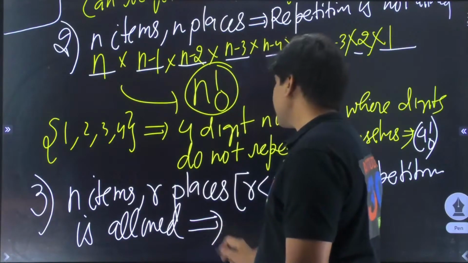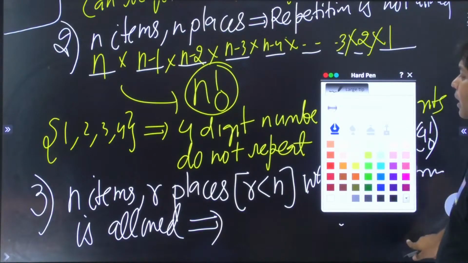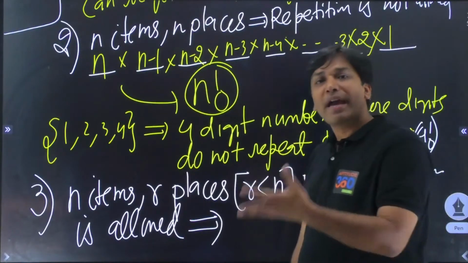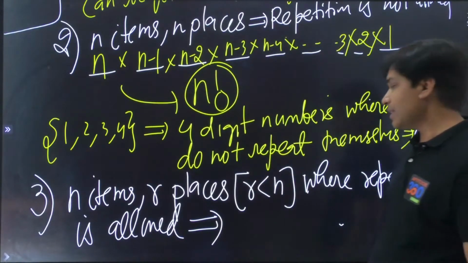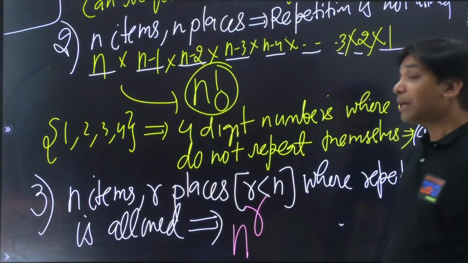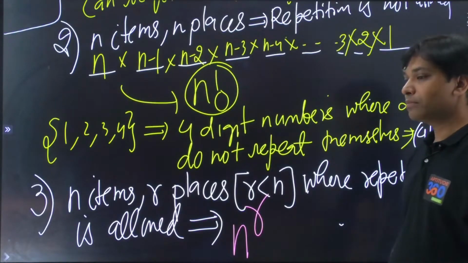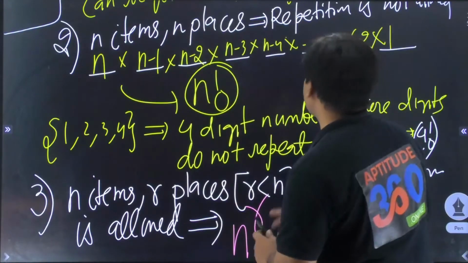What is the answer? n into n into n into n, कितनी बार n मल्टीप्लाई करेंगे भाई, कितनी बार मल्टीप्लाई करेंगे n? It is going to be r times. So what is the answer? n raised to r. Repetition is allowed and hence it will have to be n raised to r.